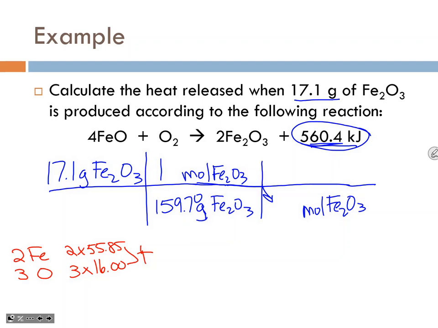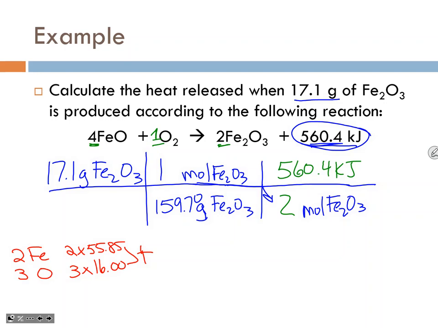If this reaction were to run one time, you're going to need 4 moles of the FeO, 1 mole of the oxygen, and you're going to produce 2 moles of the Fe2O3. So for every 2 moles of this being produced, we're going to generate the 560.4 kilojoules. That's how you would set it up to convert it over to heat. Use the coefficients with the delta H for the reaction.